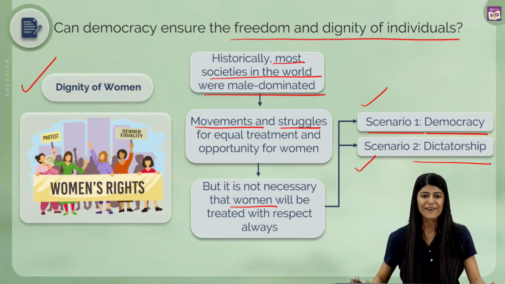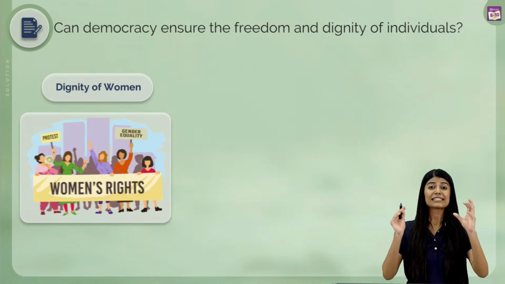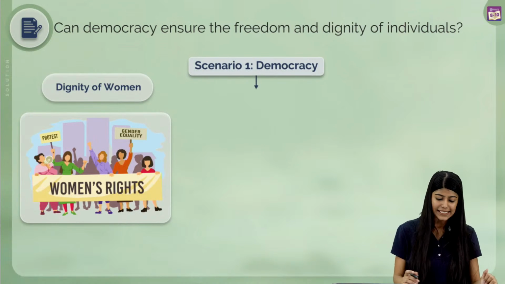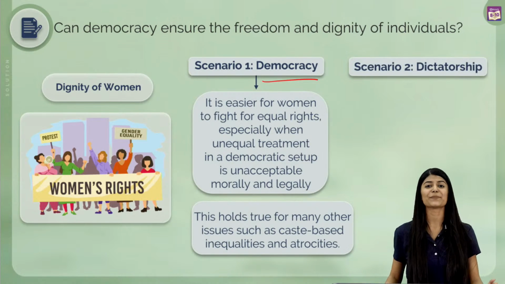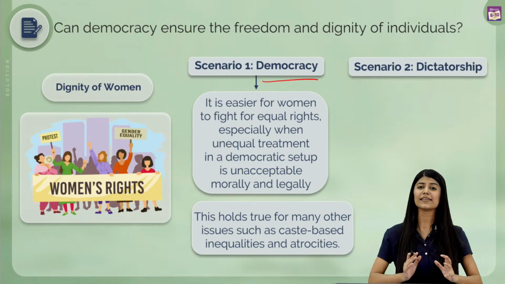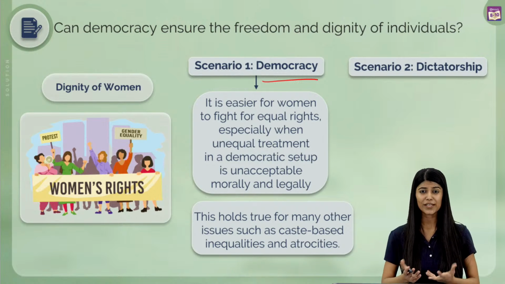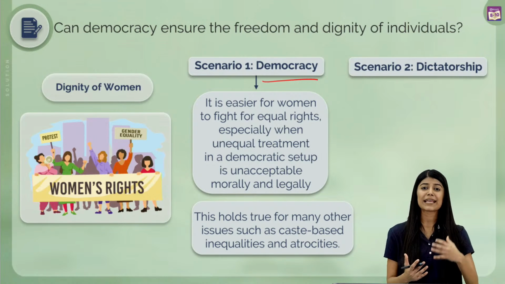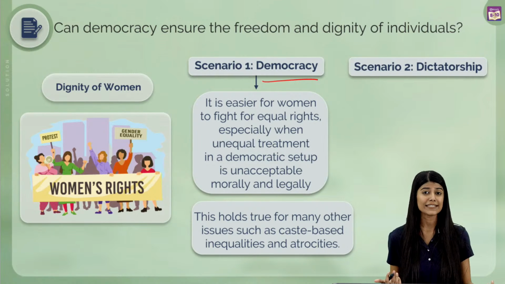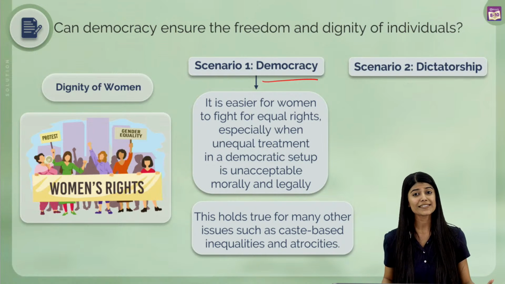Okay, awesome. So let's talk about scenario number one, that is democracy. Now in a democracy, all the women have the right to express their concerns through various public spheres, like media or civil society. And how are they able to do this?